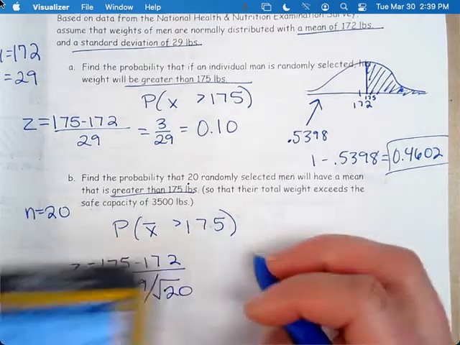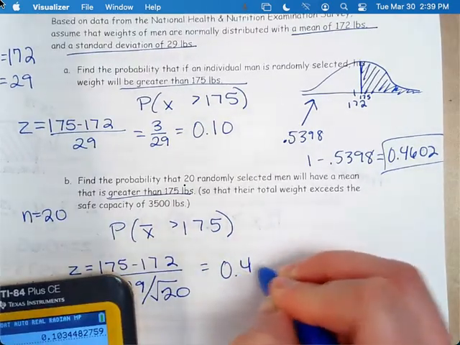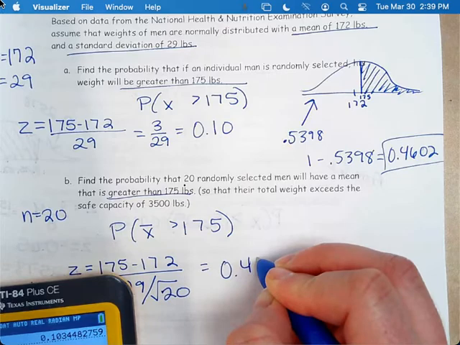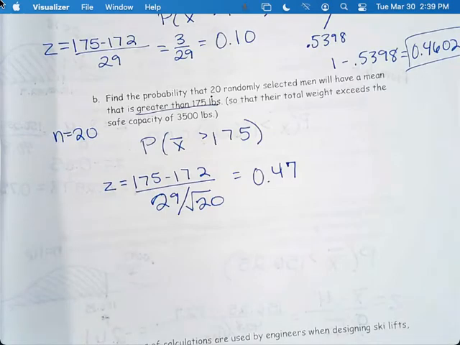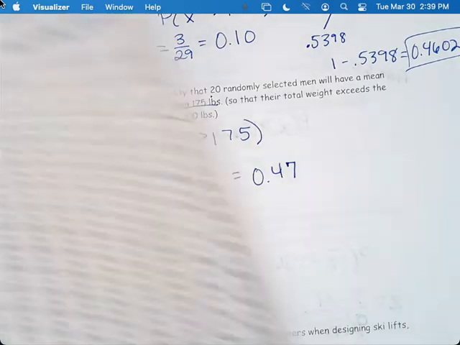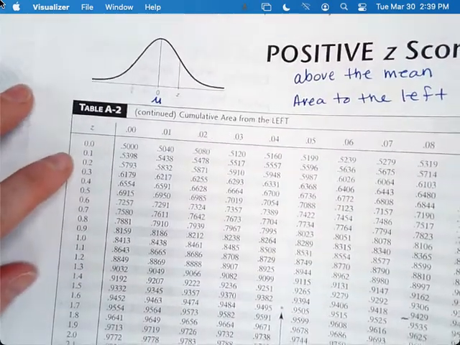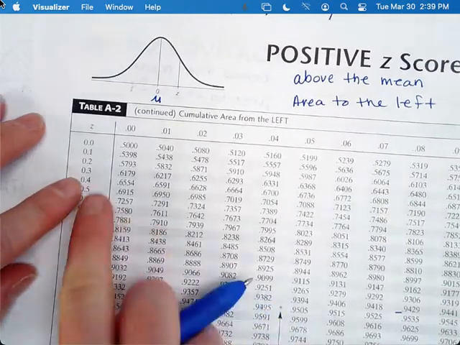So our z-score is 0.4626, or 0.47 is what we'd want to use because of rounding. So we would go over here, 47.